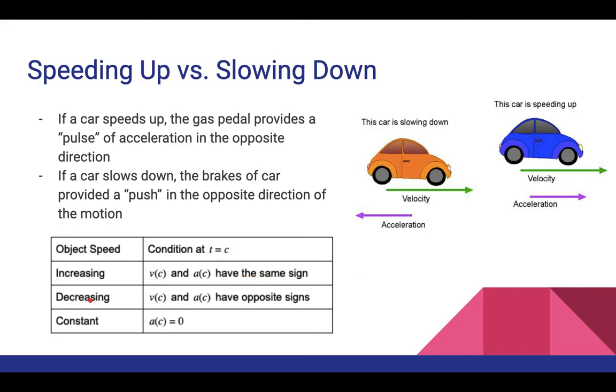Now, if our speed is decreasing, we're slowing down, our acceleration is going to have the opposite sign of our velocity, indicating that our car is braking and providing a push of acceleration in the opposite direction of motion. And lastly, if we're moving at a constant speed, that means that our velocity is not changing at all. Thus, our acceleration will be equal to 0 at that point of interest. And these are the conditions you need for speeding up and slowing down.